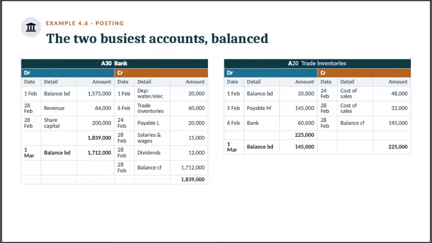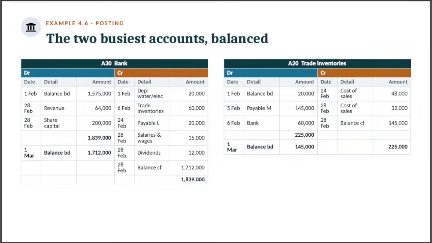This one here, the bank, we only deposited here on the 1st of February, 1,575,000. That was our brought down balance here. So on the 28th of February, not much activity here as far as going in.